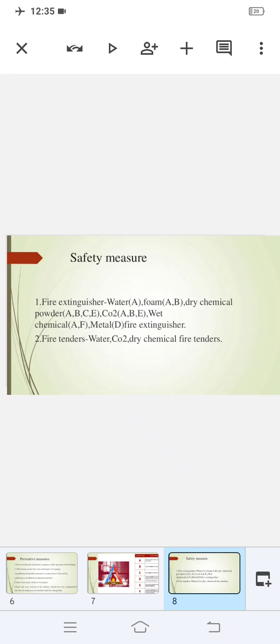So a carbon dioxide extinguisher must be there when there is class C type of fire. Then dry chemical extinguishers are also there. It consists of sodium bicarbonate in dry form in one cylinder, and another cylinder consists of liquid carbon dioxide as an expellent gas.